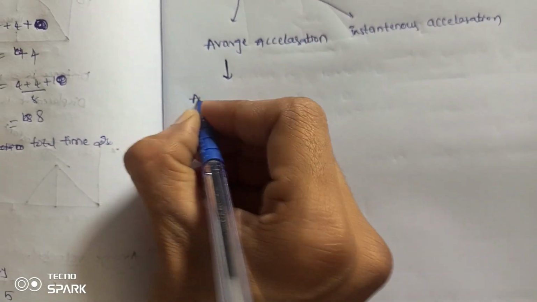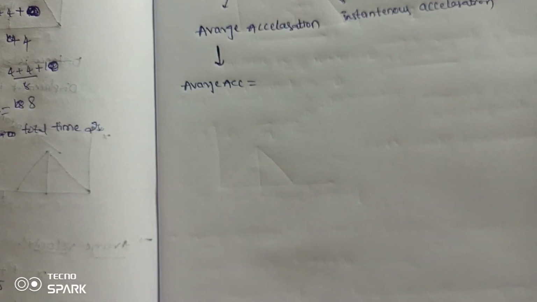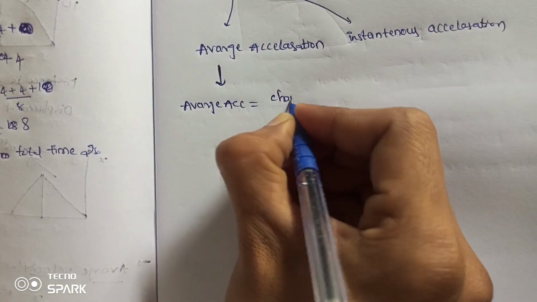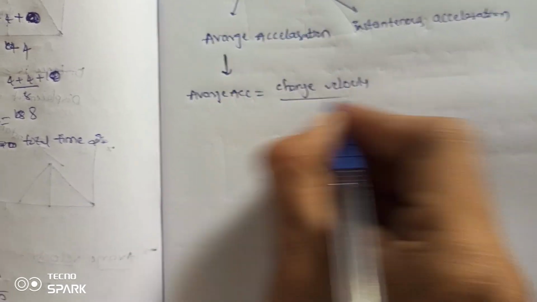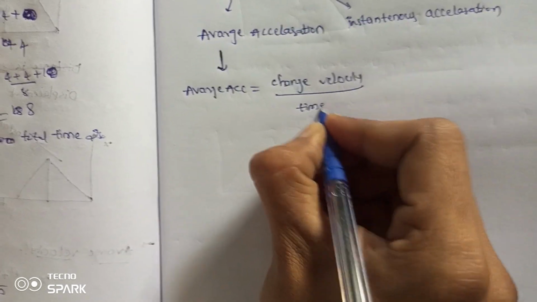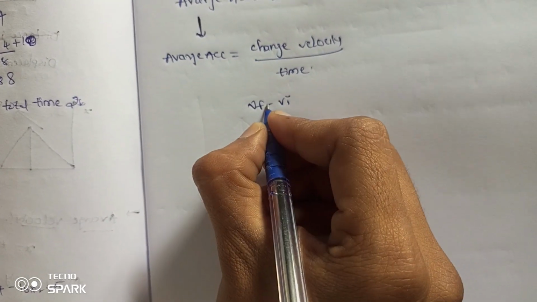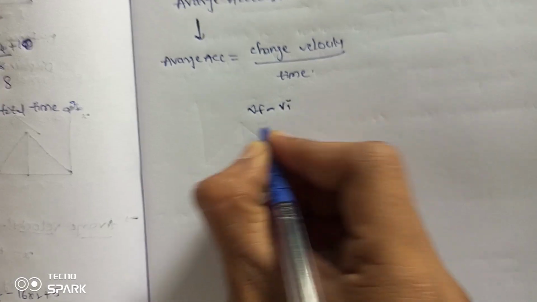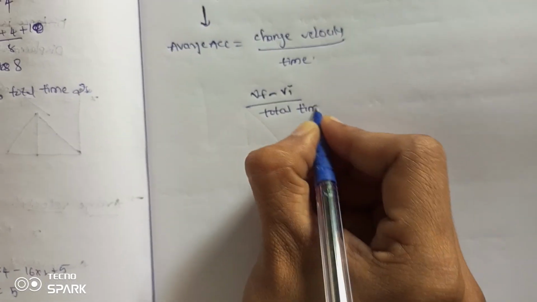First discuss average acceleration. Average acceleration is change in velocity by time: final velocity minus initial velocity by total time taken.